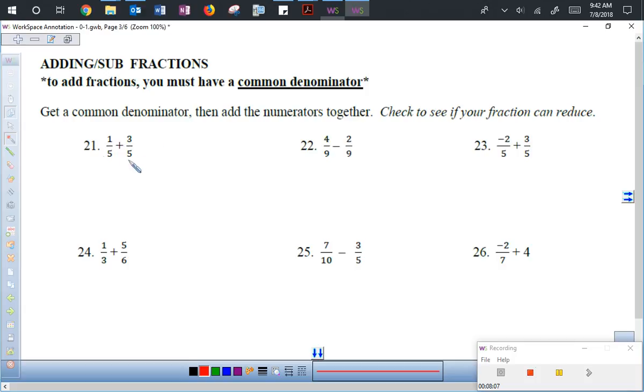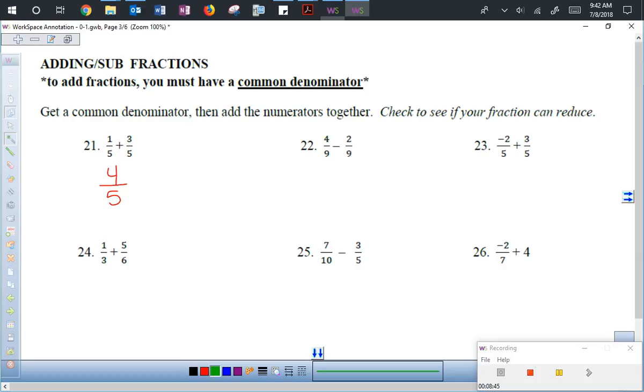The denominator stays the same. So since it's both 5, my denominator will be 5. Now the numerators, 1 plus 3, that gives me 4. Now, before you move on, our final step is you always need to check to see if your fraction can reduce. So 4 over 5 cannot be reduced. That is our final answer.